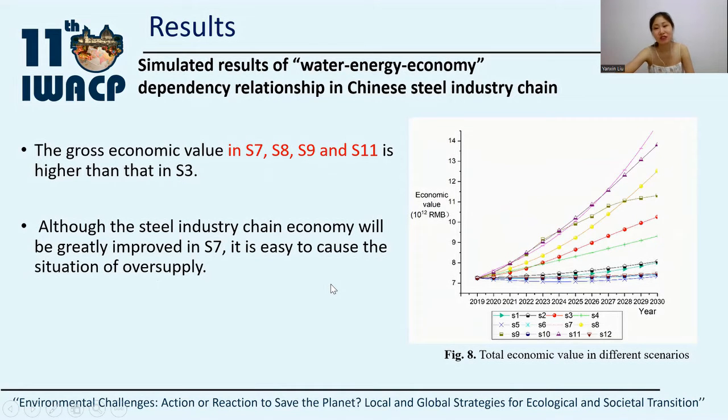Figure 8 shows the total economic value in these 12 scenarios, and we could see the gross economic value in S7, S8, S9, and S11 is higher than the baseline scenario, which means that these 4 scenarios are really good for the Chinese economy.